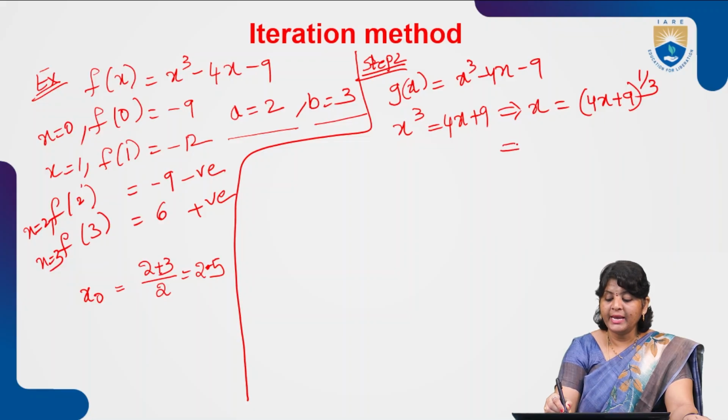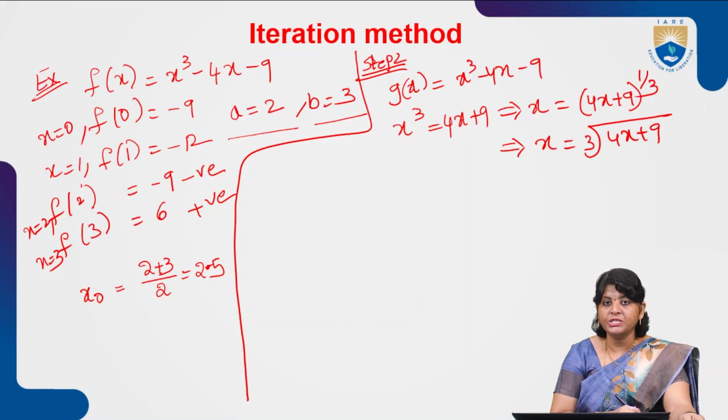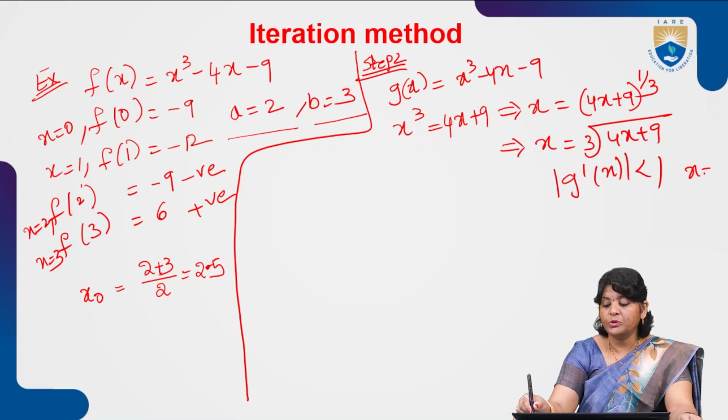Or even you can consider x is equal to cube root of 4x plus 9. Whichever is comfortable when we are doing the calculations, we can use that. So this is the x value which satisfies the formula at x is equal to x0.